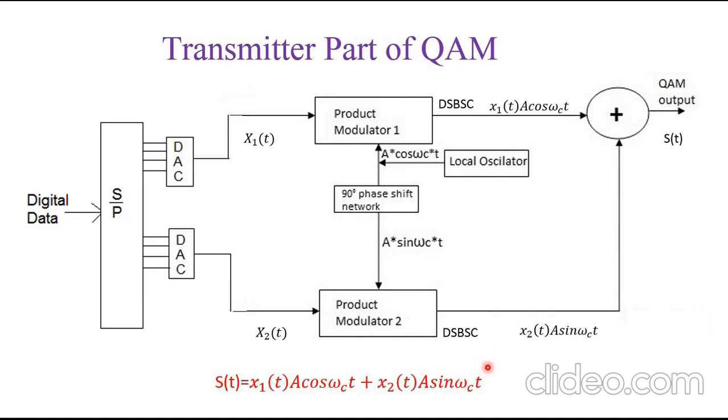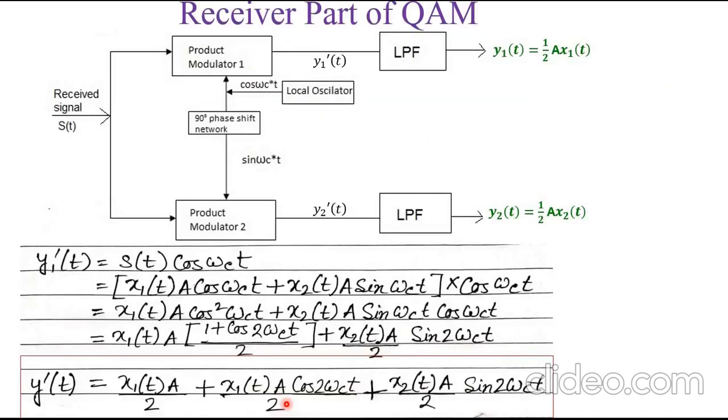So now this is the transmitted signal, that is S(t). Now let us see what will happen at the receiver side. So let's see the receiver part. Here we have the received signal S(t).